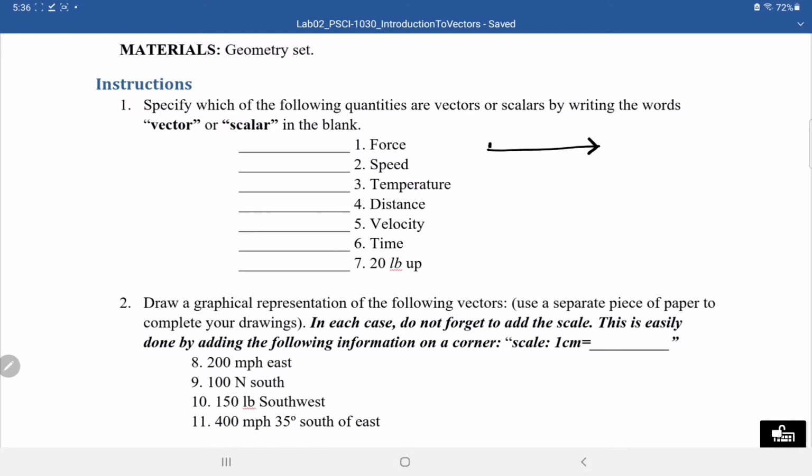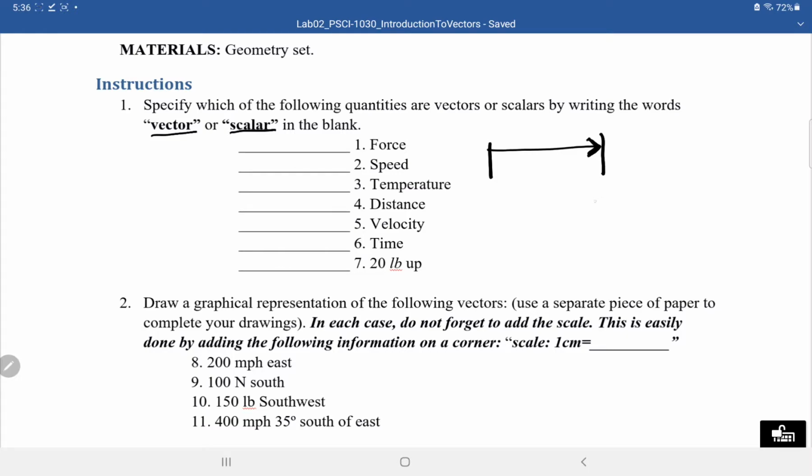This length gives you the magnitude, and this arrowhead gives the direction of the vector. If a physical quantity has only magnitude but not direction, then we call it a scalar quantity. So this is the difference between scalar and vector.